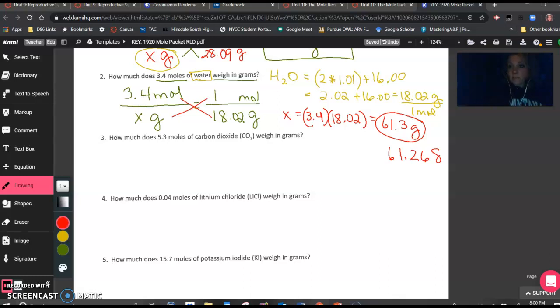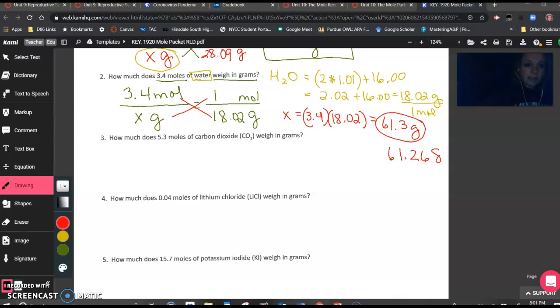So I'm going to keep my answer to reflect the number of decimal places that I have in my least precise measurement. Even though I used 18.02, by going out to the hundredths place, this number is more precise, but I want to keep my answer in tune with the number that is the least precise. So just count the number of places after the decimal, and your answer should have the same number of places after the decimal as the one that has the least amount, and then you'll be safe.